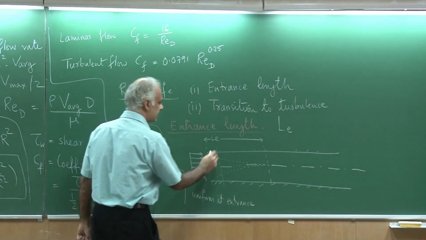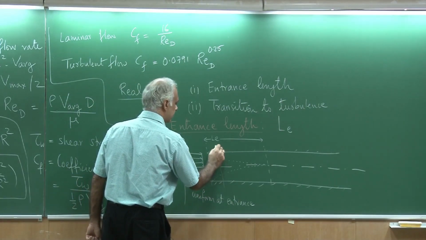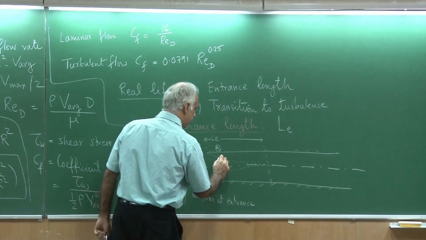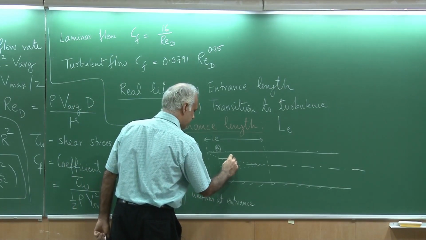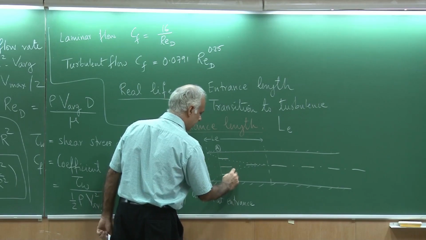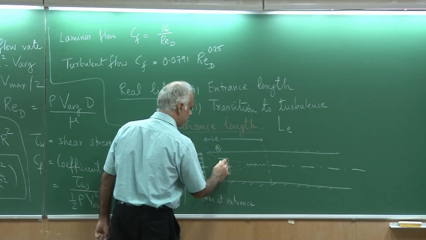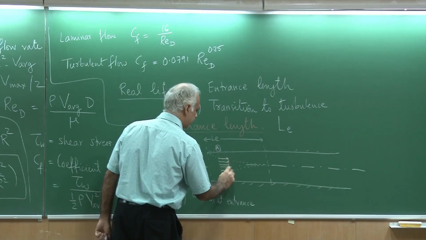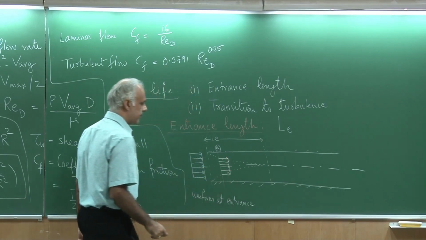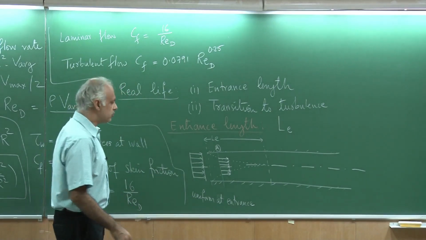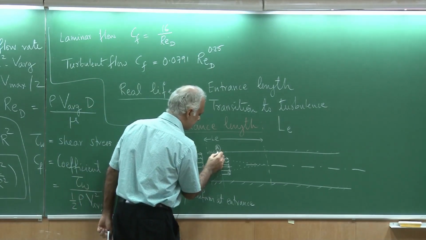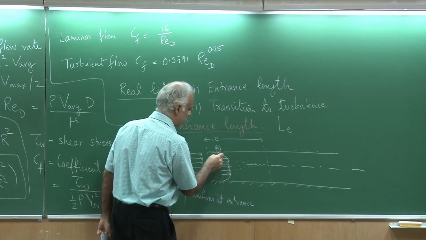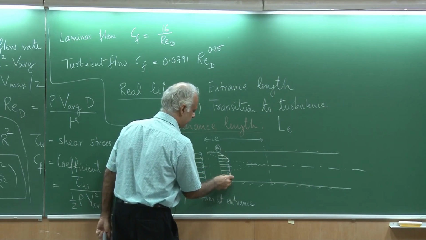If I try to look at a profile at this location, maybe I call this location A, then I would see that this section over here has a uniform flow because the viscous effect has not reached it yet. But close to the wall there is a viscous effect, so I would get a profile like this.